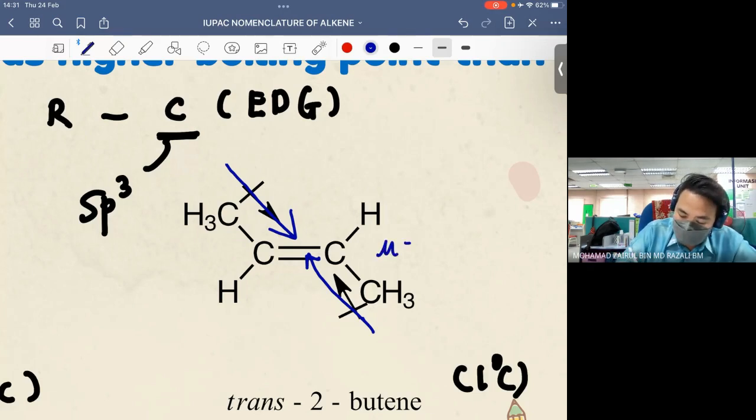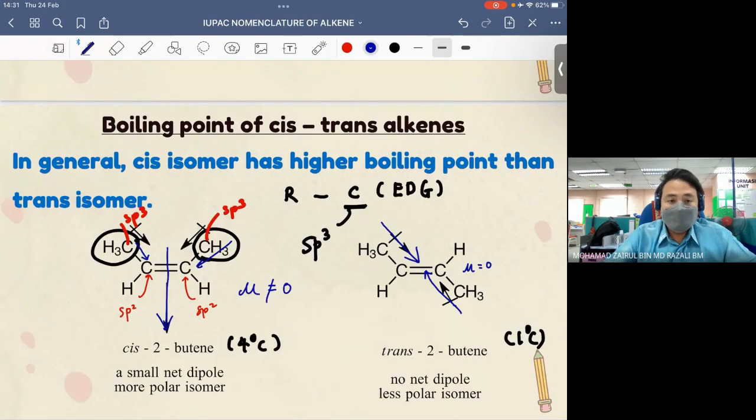And for the cis isomer, the net dipole moment is not equal to 0. That means the cis isomer is slightly polar compared to the trans isomer. Because it is slightly polar, its boiling point is slightly higher compared to the trans isomer.